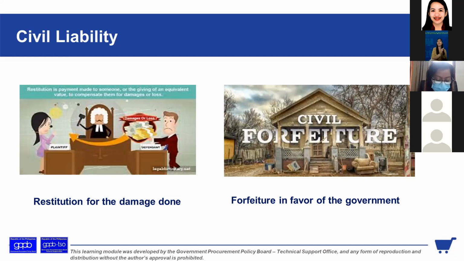Actually, when you talk about civil liabilities, it's more of pera-pera yan. Ano yung kukunin sa'yo. So sabi, wala naman akong pera, wala namang makukuha. Remember, it's not only cash. It includes all other benefits and even properties. Kasi pwedeng i-garnish, i-attach yun. Yung mga corporations, pwedeng i-attach yung mga assets nila.